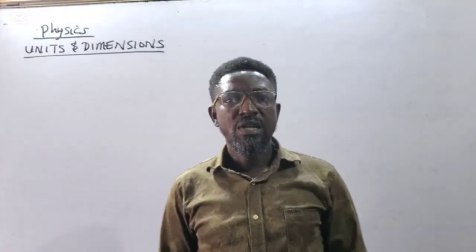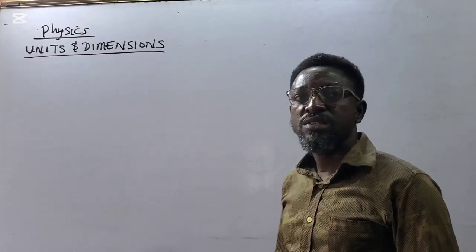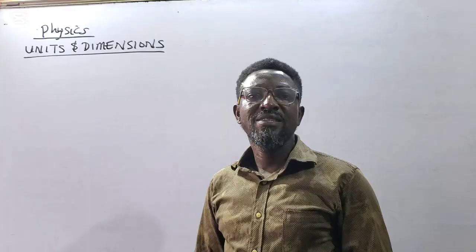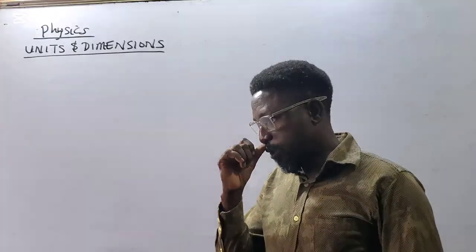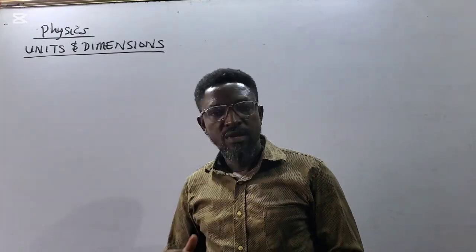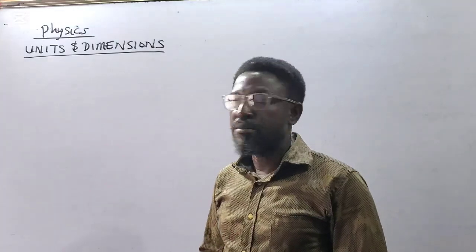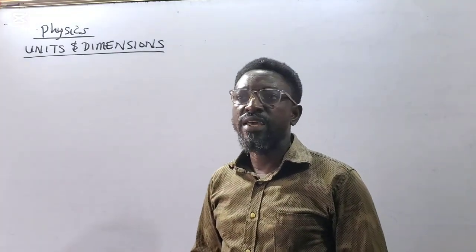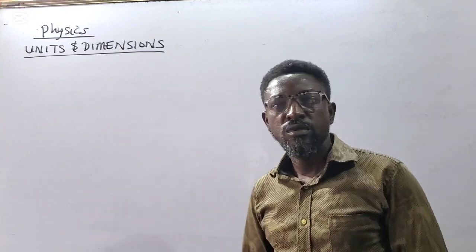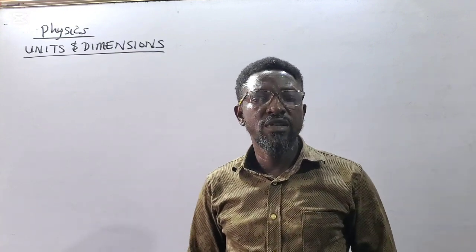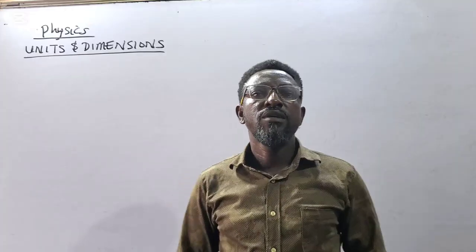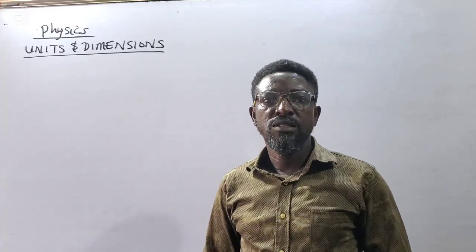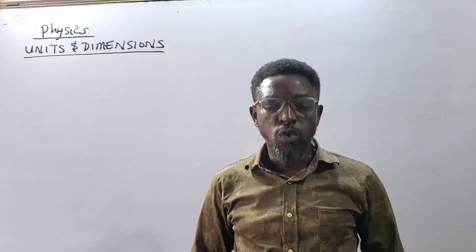The basic fundamental quantities in physics are mass, length, and time. Although there are other fundamental quantities like temperature, the unit of temperature is the Kelvin. We have the amount of substance, the unit is the mole.